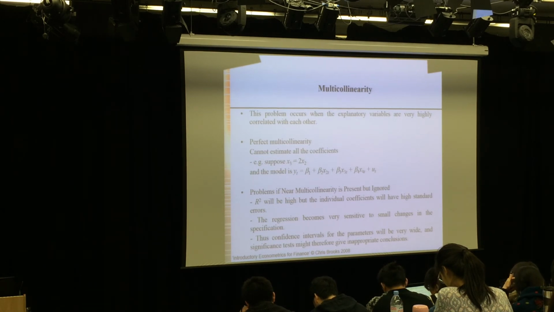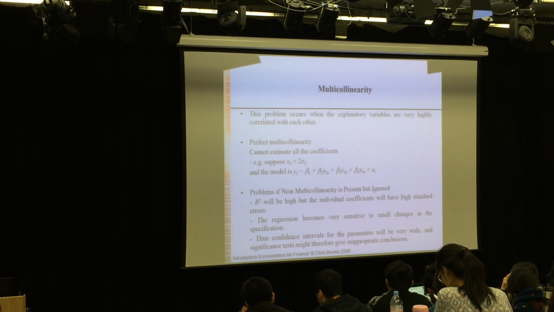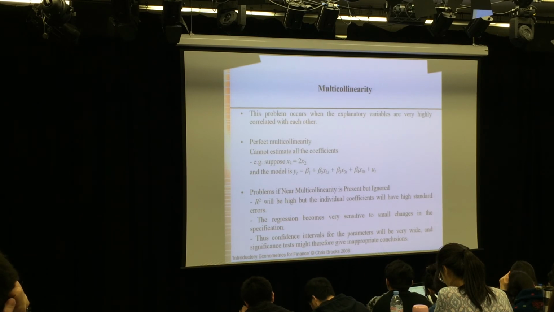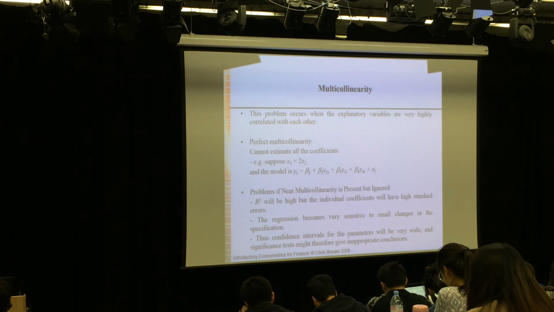So multicollinearity is an issue. What people do is test their variables first to see how correlated they are. And there are solutions to multicollinearity, such as lasso regression, which I mentioned before, where you can limit the size of any one coefficient.